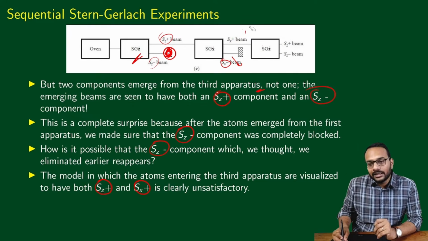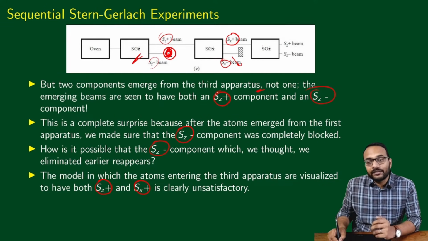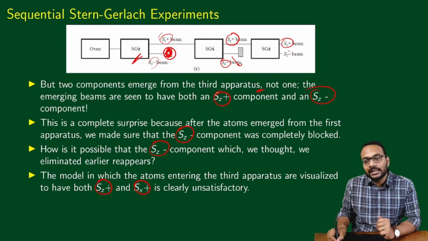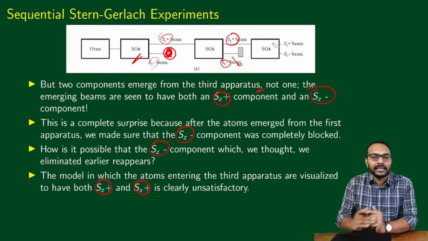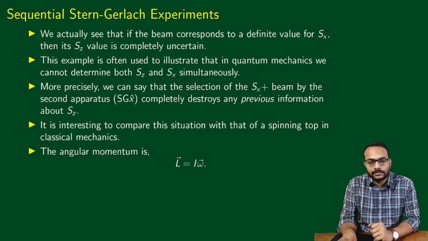This means that the atoms in the Sx plus beam coming out of the SGX apparatus do not have a definite Sz component. Half of the atoms pick up an Sz plus component and half of them pick up an Sz minus component. This is problematic.